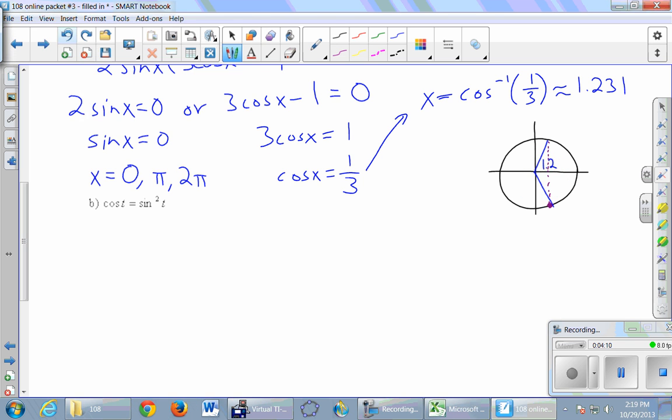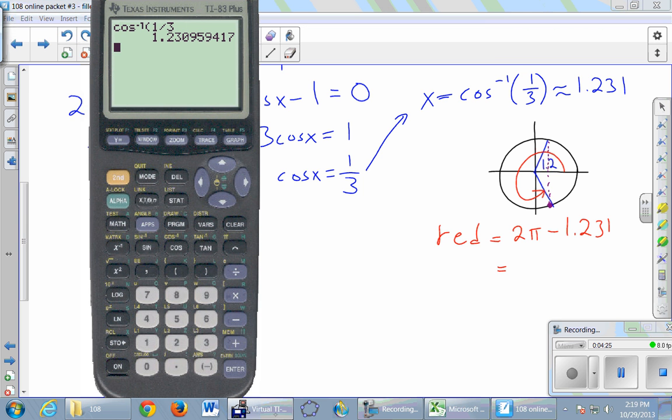So we don't want to go the backwards way. So this angle that we want here is equal to 2 pi minus the 1.231. So about 5.052.